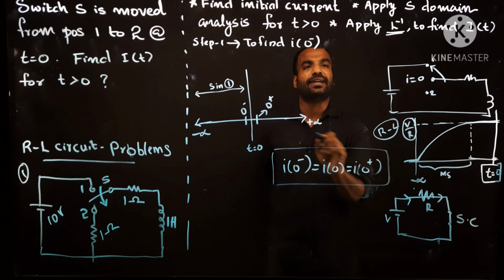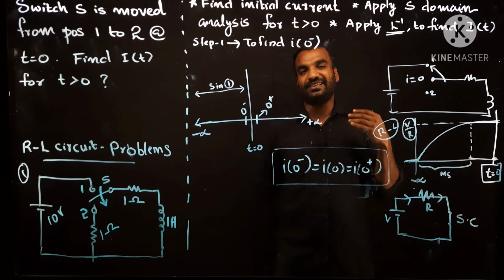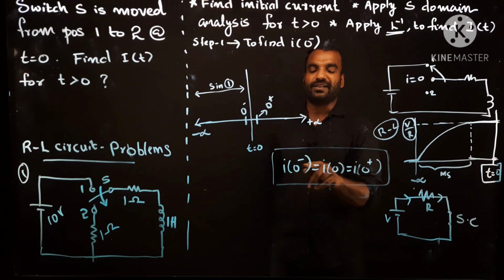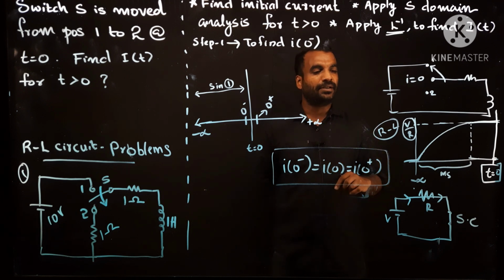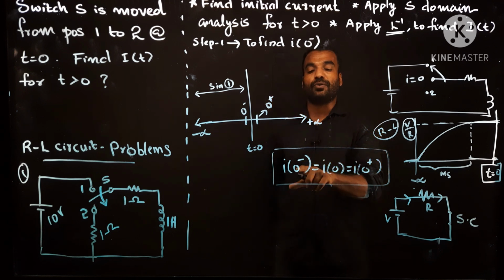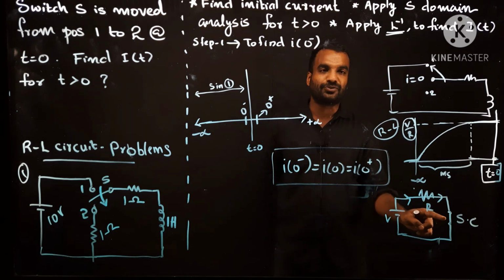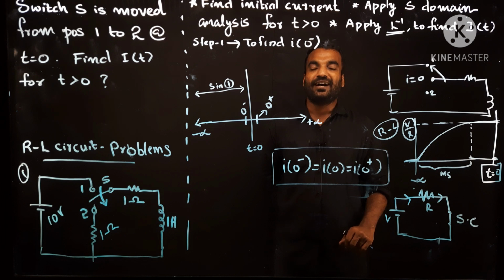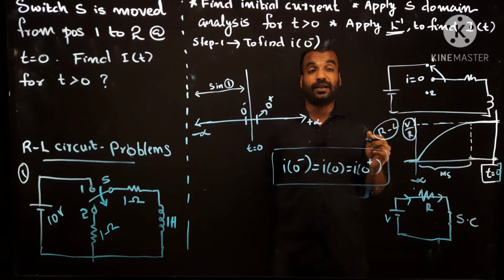These three instants will carry the same current in the inductor. But in a capacitor, this is applicable for voltage, because a capacitor will not permit sudden change in voltage. So V0 minus is equal to V0 is equal to V0 plus for a capacitor. Based on this knowledge, you have to check what is I0 minus, and then place a short circuit or open circuit. Otherwise, mistakes will happen if you are mugging up.